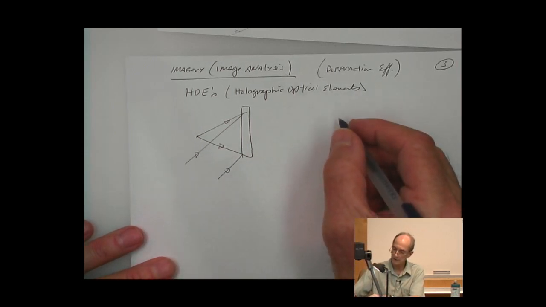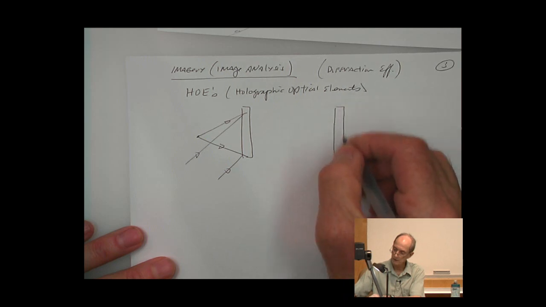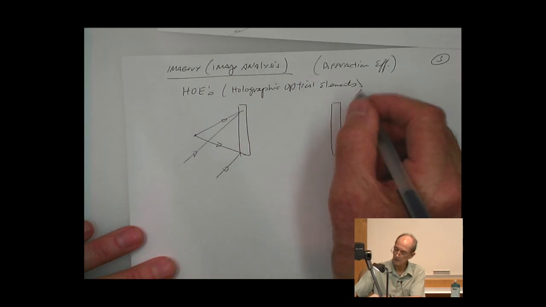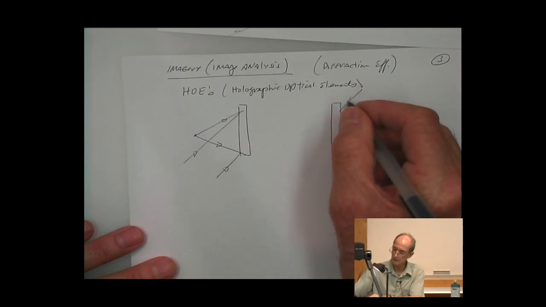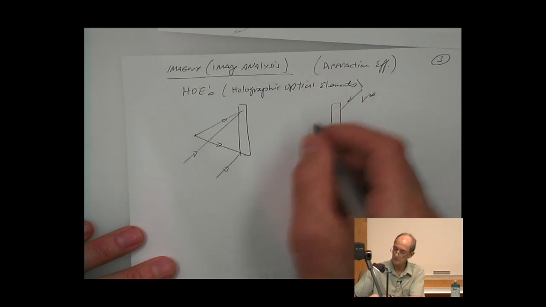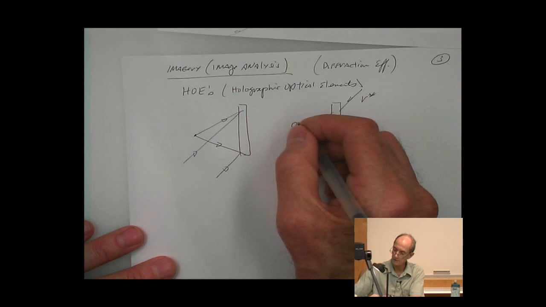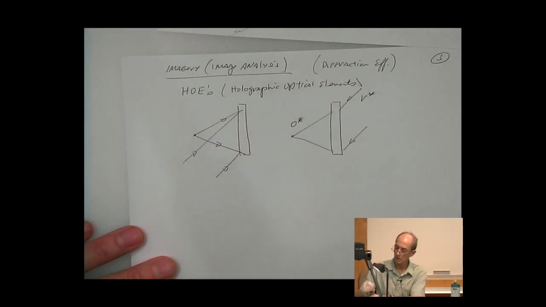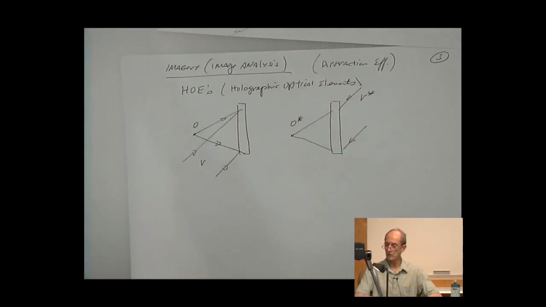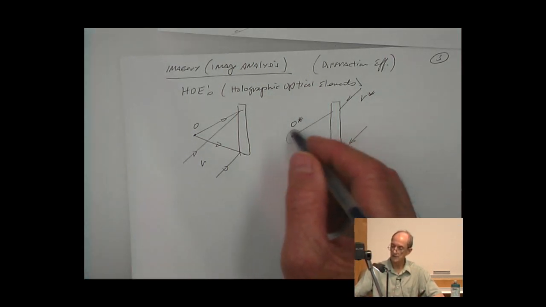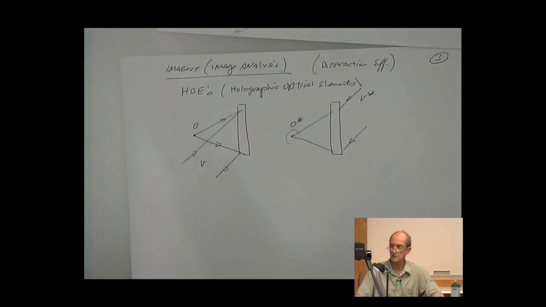And then during the reconstruction, again, what we might want to know is, if we're going to use this actually as a lens, here we would illuminate it, say, with the conjugate reference field, and then generate a real point out here. That would be our O star, if that were R and O out there. All right. So what we're going to evaluate now are the imaging properties, sort of the ray analysis, and also some of the other features of this image process.